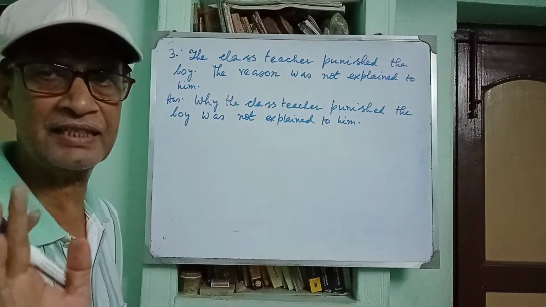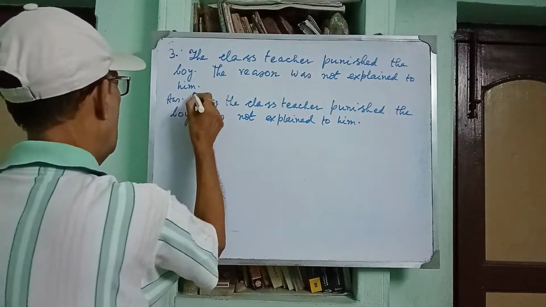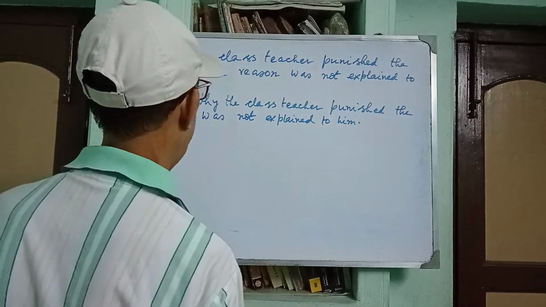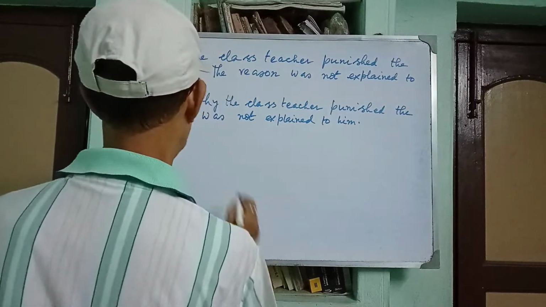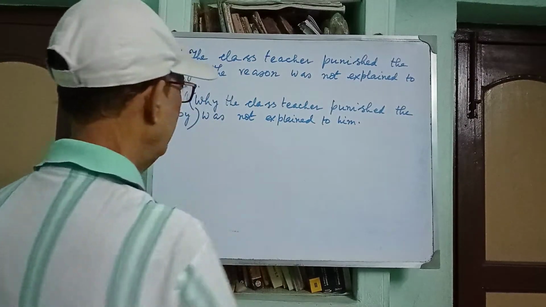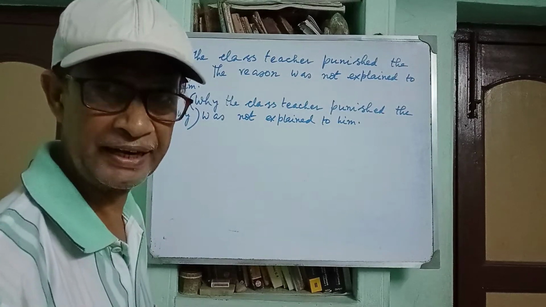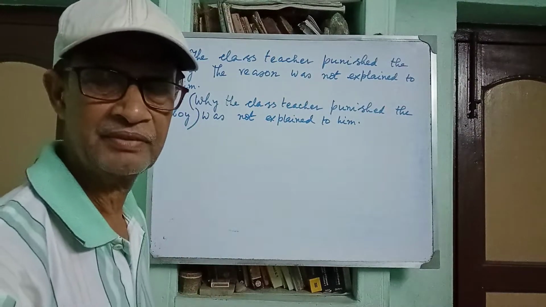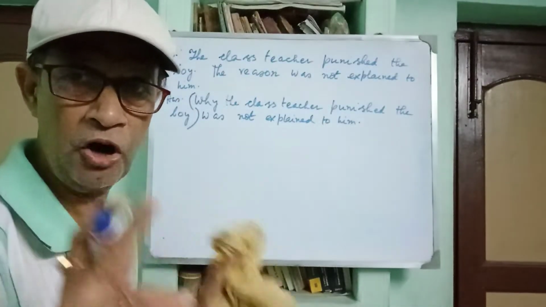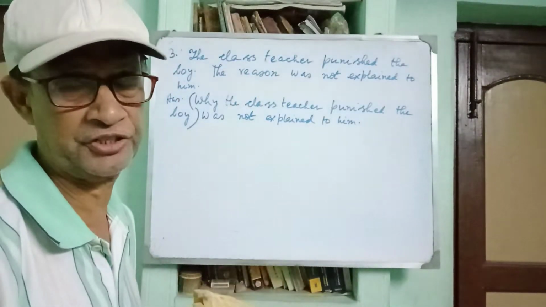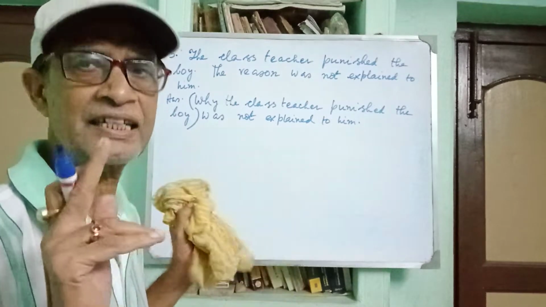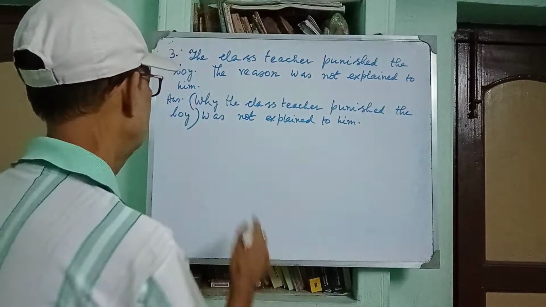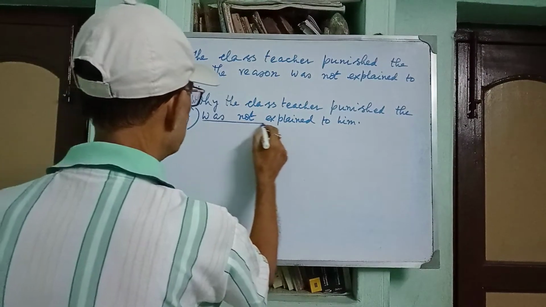And if we analyze the sentence, I will see why the class teacher punished the boy within the first bracket, and it suggests that the clause within the first brackets is acting as the subject to the verb was not explained.